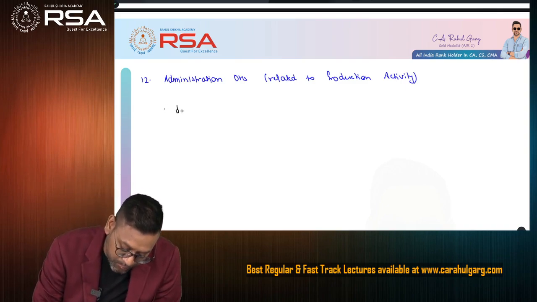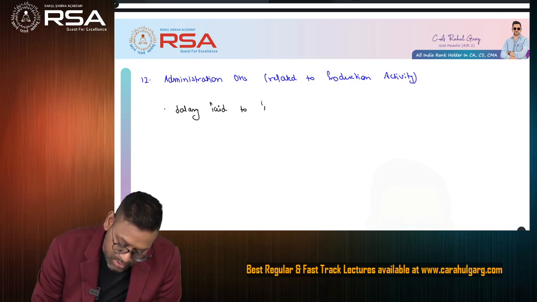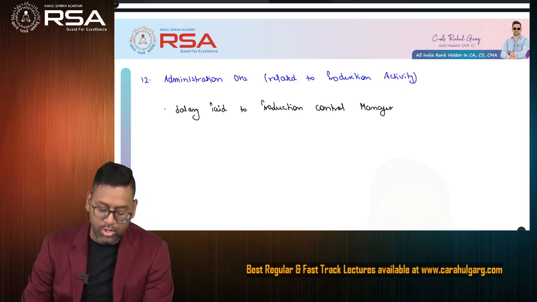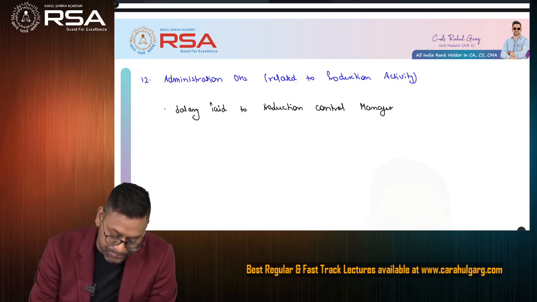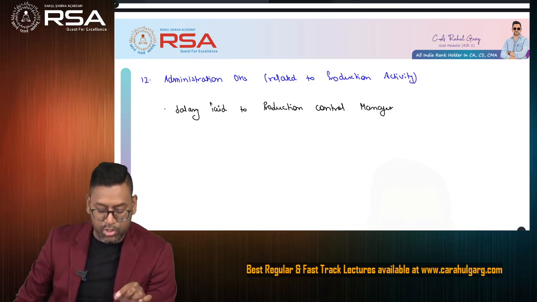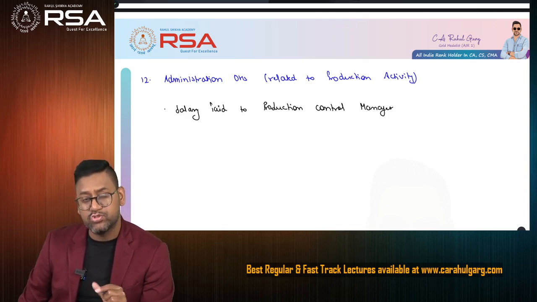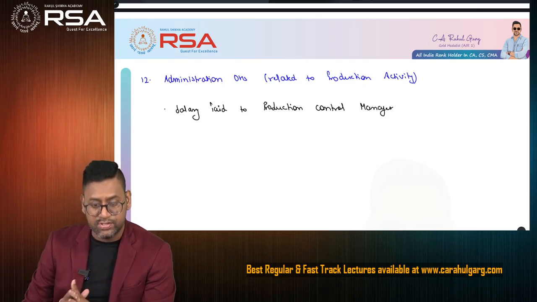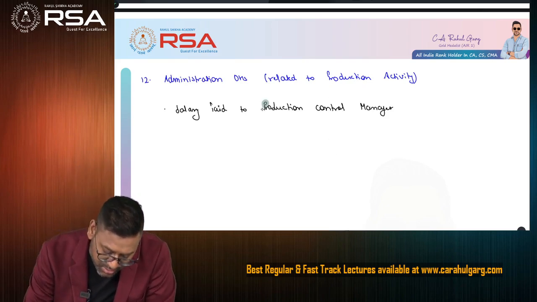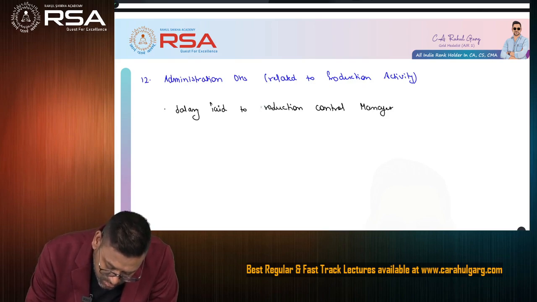Number 1, salary paid to production control manager, because the production word is here as well as the manager word. Production means related to production activity, but the wording manager etc. is usually used with administrative duties. So when the two words are there together, it means it is the administration overhead which relates to production.